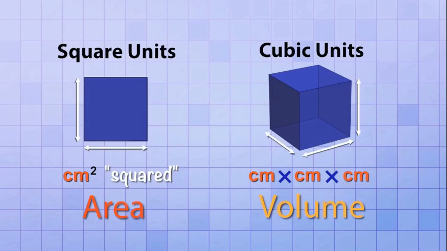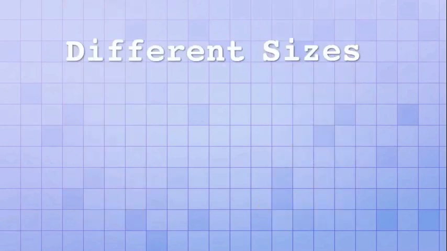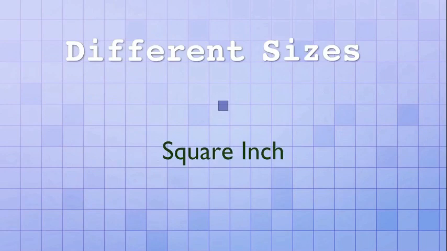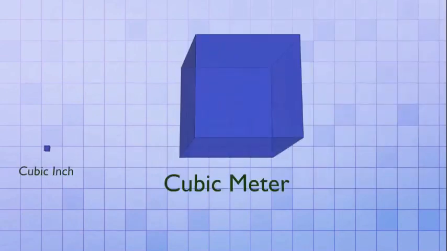Let the units be centimeters, so centimeter into centimeter into centimeter makes centimeter cubed, right? So the areas can be of different sizes, like square inch, square meter, square mile, like for an entire village, or cubic inch, cubic meter or cubic miles.